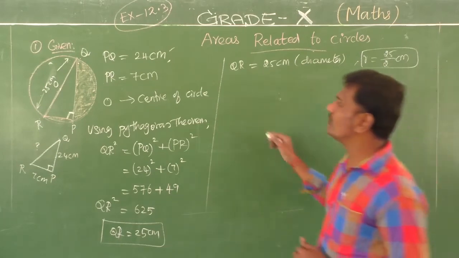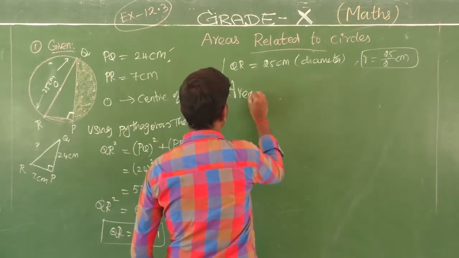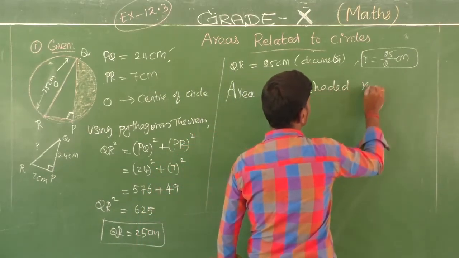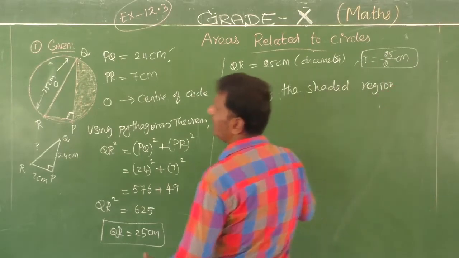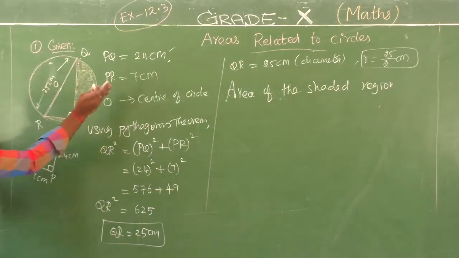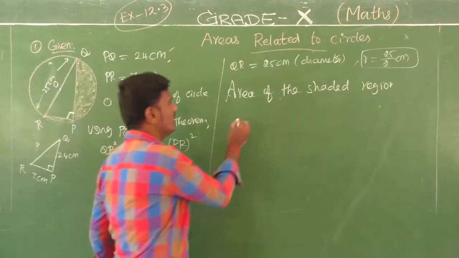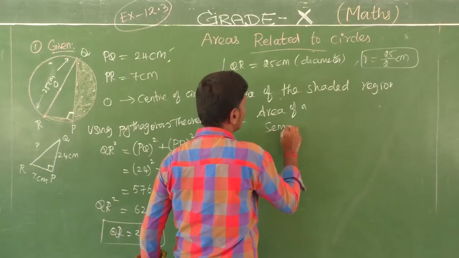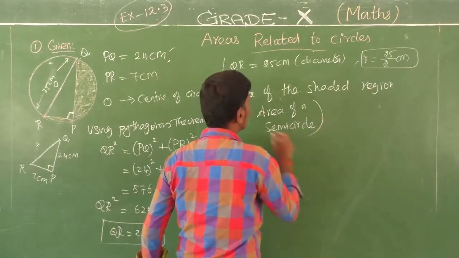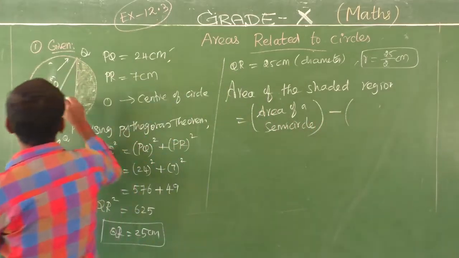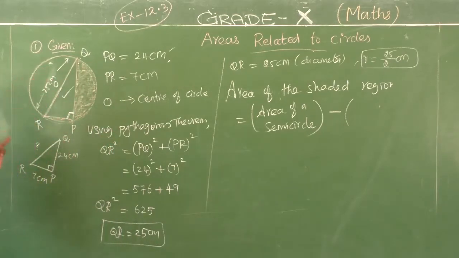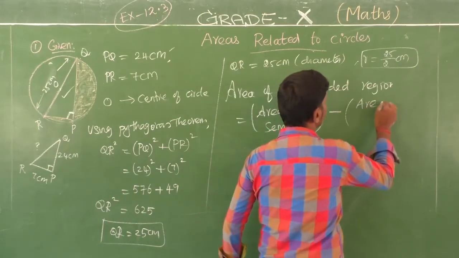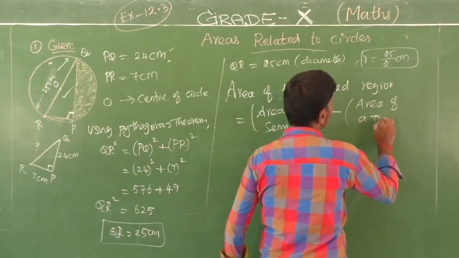Now, area of the shaded region is equal to, see, this is one semicircle. Half of the circle is called a semicircle. So area of a semicircle, from which we subtract the triangle PQR, area of a triangle.